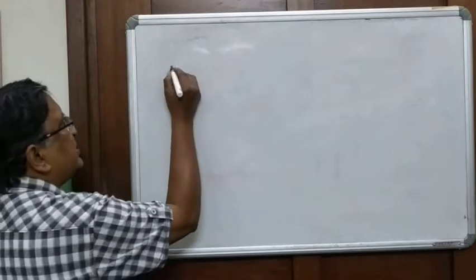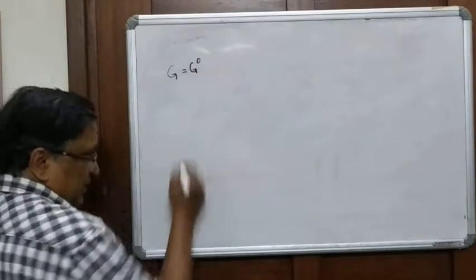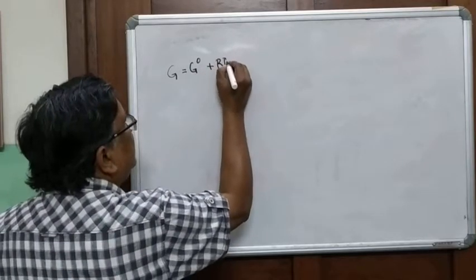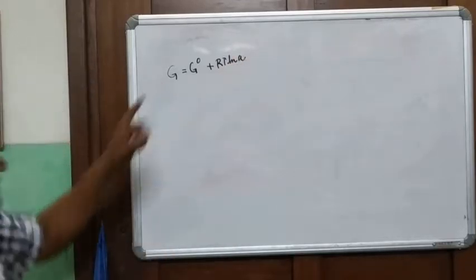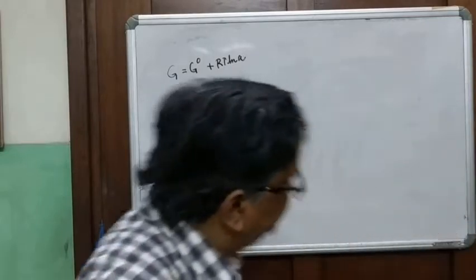Now, again starting with G is equal to G0 plus RT ln activity. Now, this activity term is a complex term.